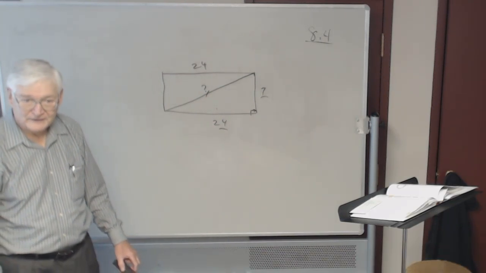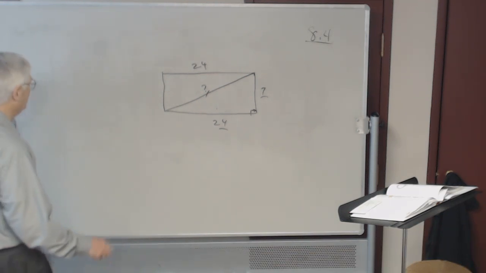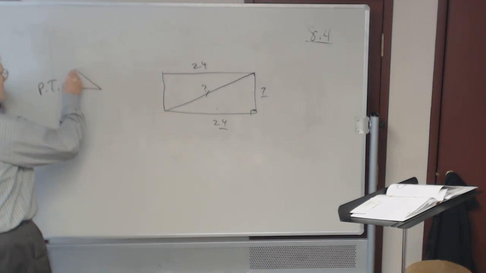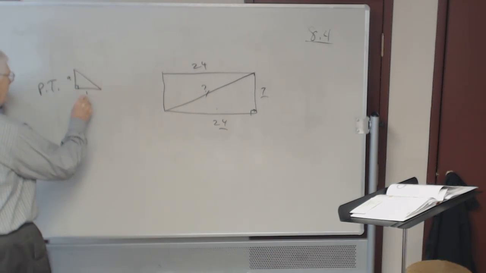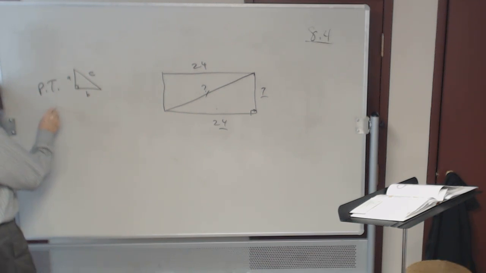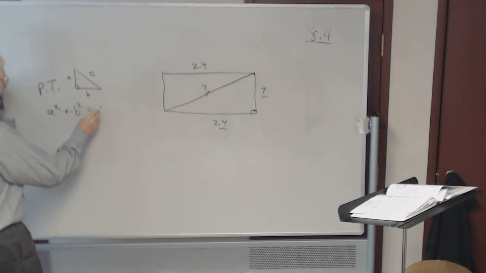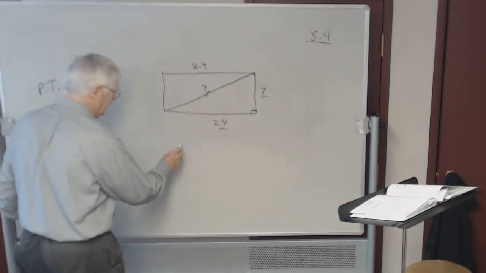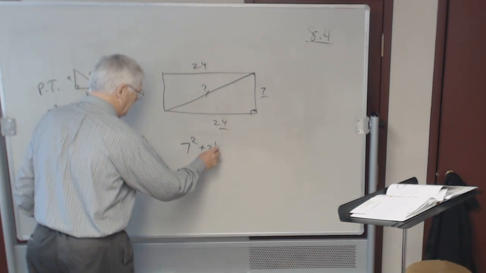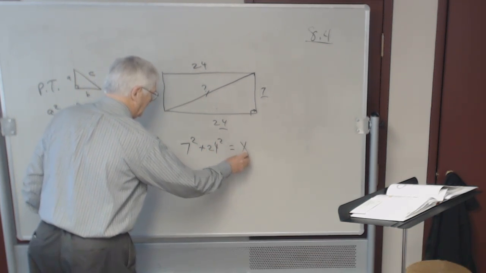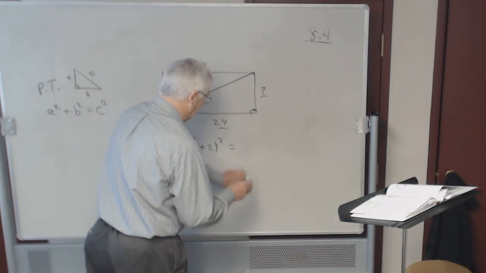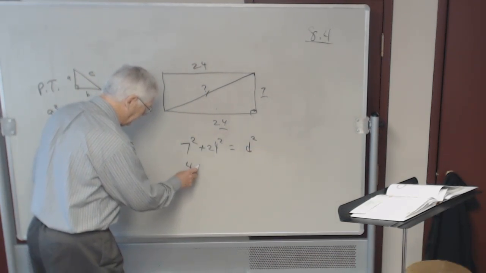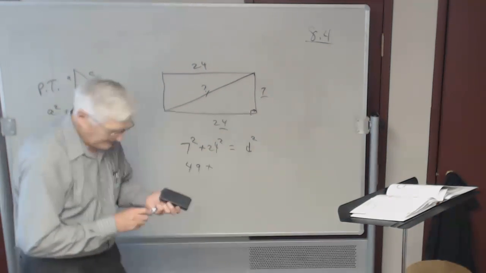Do you know the Pythagorean theorem? Here's a right triangle. A, B, C: A squared plus B squared equals C squared. So that would be 7 squared plus 24 squared would equal, let's call it D for diagonal, diagonal squared. What's 7 squared? 49. What's 24 squared?